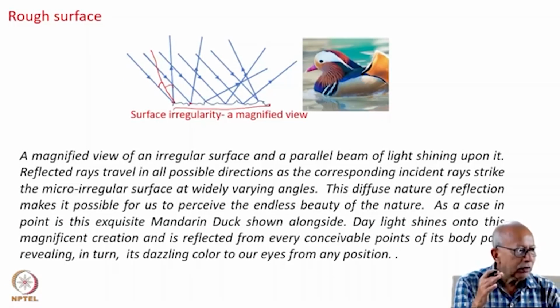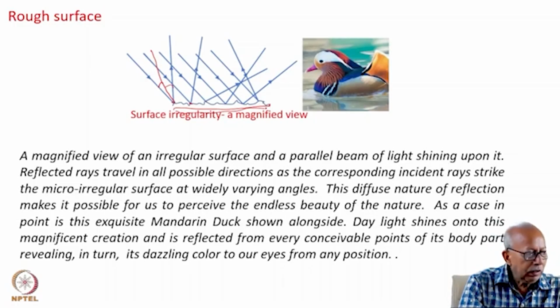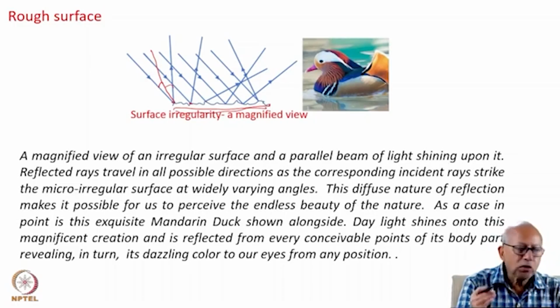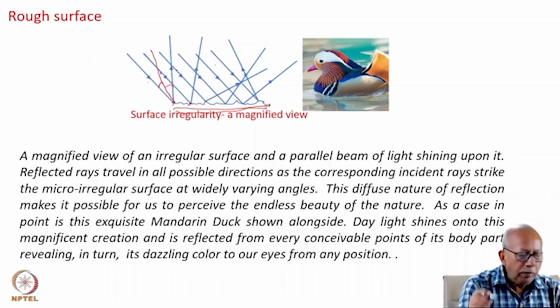In contrast, when a parallel beam of light shines on an irregular surface, as is the case with most natural objects, different incident rays, as you can see, will meet the surface at different angles, and thus will be reflected in all possible directions.